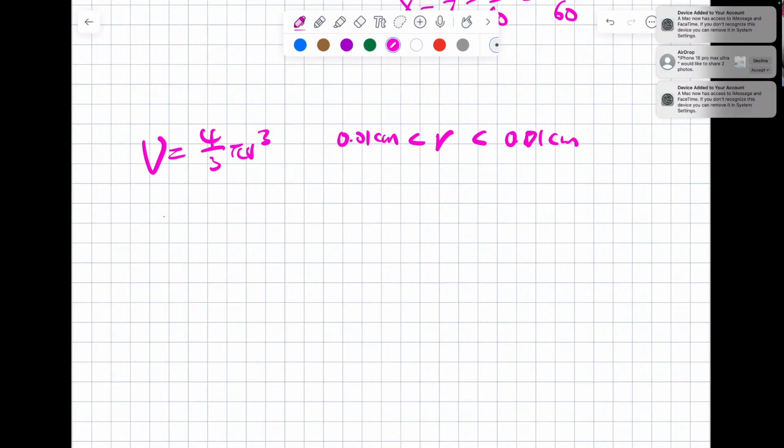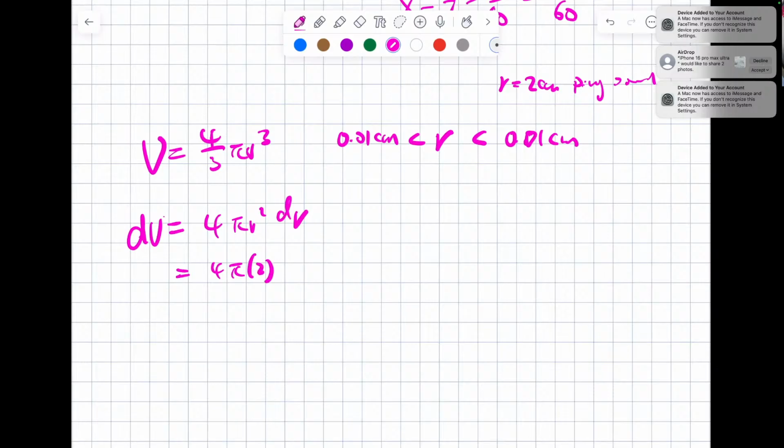All right. So the question is how much volume is impacted. If I have a 0.01 centimeter radius difference, how much volume is impacted? Well, we can take a differential and look at it. That's going to be 4 pi r squared dr, right? We know the ping pong ball has r equal to 2 centimeters, because the diameter is 40 millimeters, which is 4 centimeters, but the radius is 2.